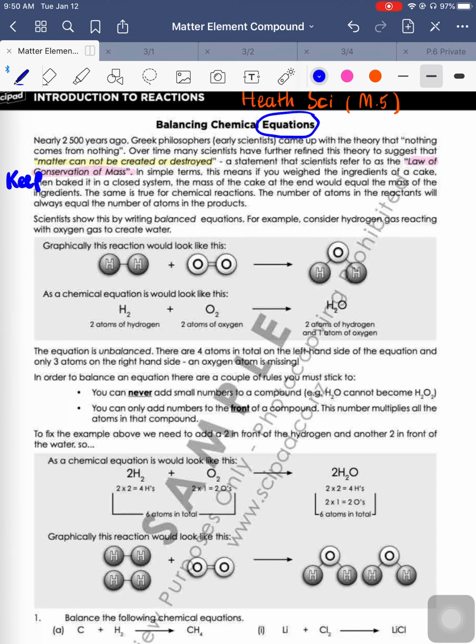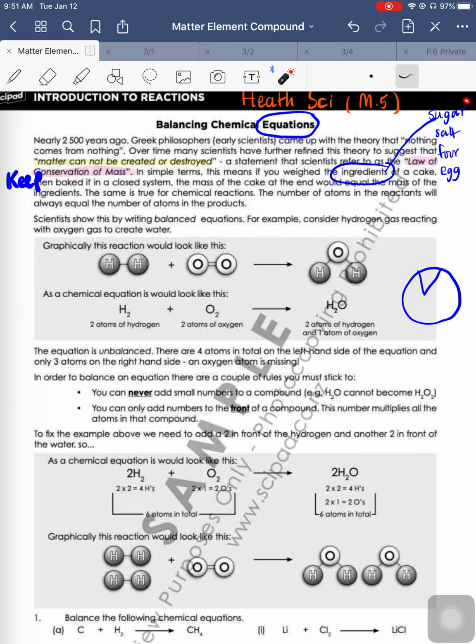So what does conservation of mass mean? If you would like to make a cake, this is a piece of cake of mine. You have to put in everything that is called the ingredients. What are the ingredients of a cake? Sugar, salt, flour. What else? Egg.